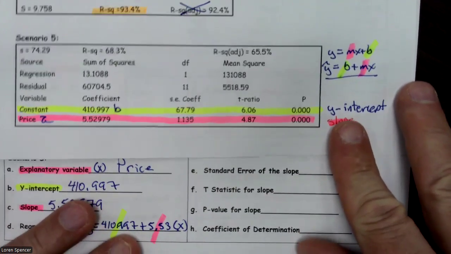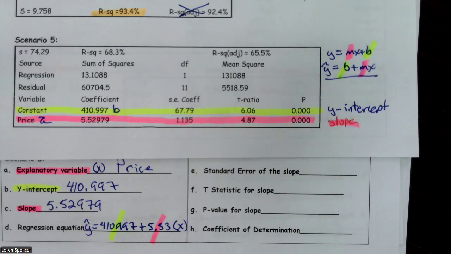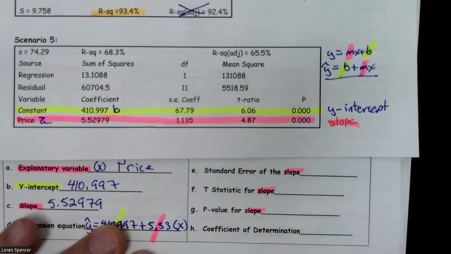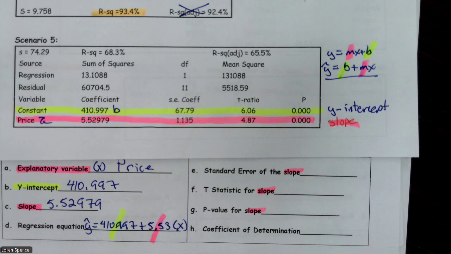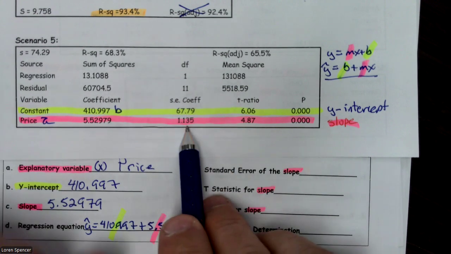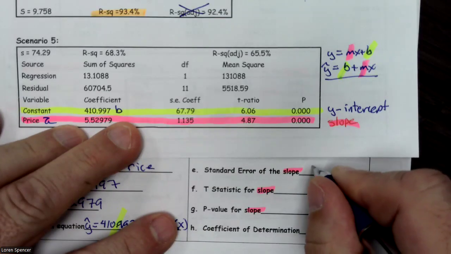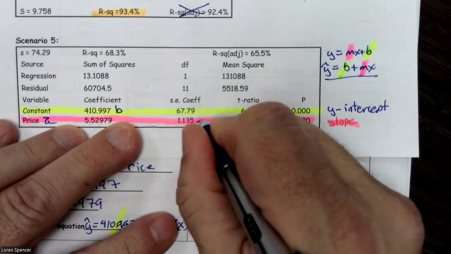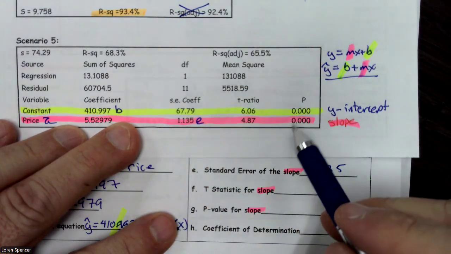Moving along, we get to standard error of the slope. On these next ones, I see the word slope, slope, slope. That means they're all going to be on the slope row. And on the slope row, okay, standard error of the slope. There's standard error, and this is my slope row. So this is 1.135, letter E. Then it asks for the t statistics.